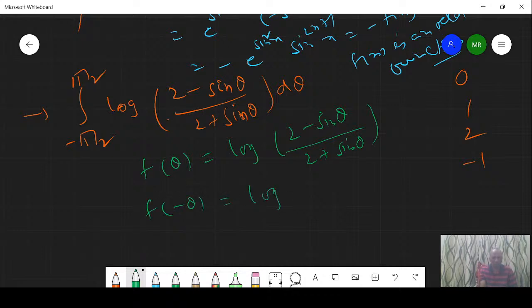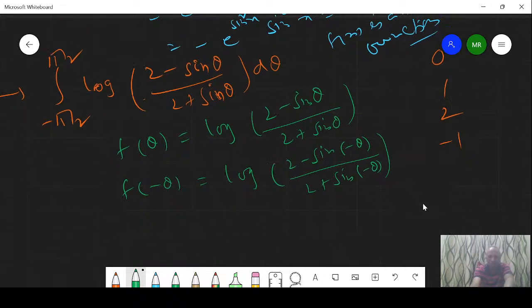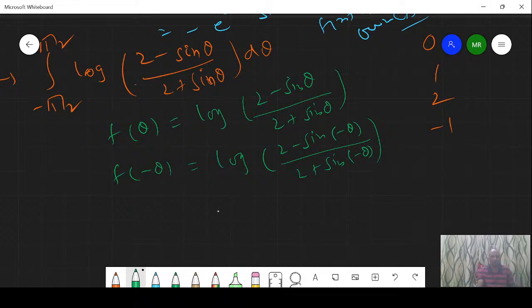So this becomes log of (2 minus sine of minus theta) by (2 plus sine of minus theta), because I am verifying whether it is even or odd. Most of the time, a logarithmic function gives an odd function. So this becomes log of (2 plus sine theta) by (2 minus sine theta).